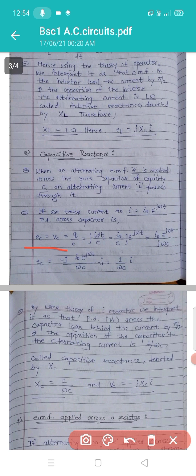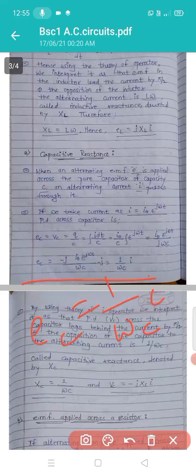We get I naught upon C into the integration of epsilon raised to j omega t, that is equal to I naught into epsilon raised to j omega t upon j omega C. Hence we get EC is equal to minus j into I naught epsilon raised to j omega t upon omega C, that is equal to 1 upon omega C into I.